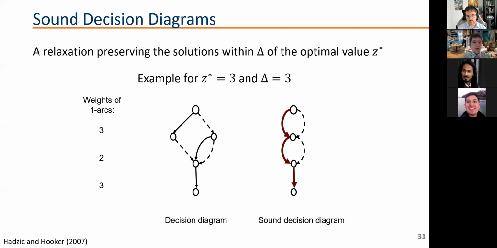We were thinking about how you can come up with a relaxation that's going to make it easier to represent all the near optimal solutions of a problem in a way that you're not going to get trapped into identifying false solutions. Since we can efficiently compute the value of any path in a decision diagram, and whether we can extend a particular path to obtain a solution of a given value, that's something that we can easily do.